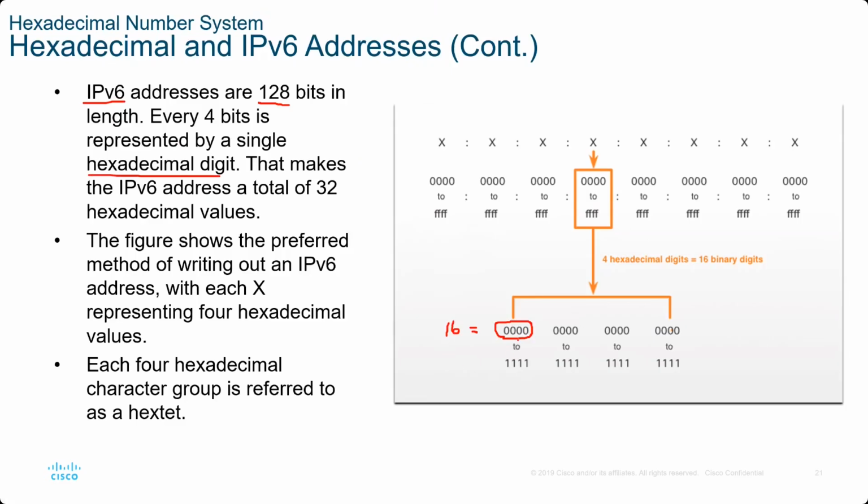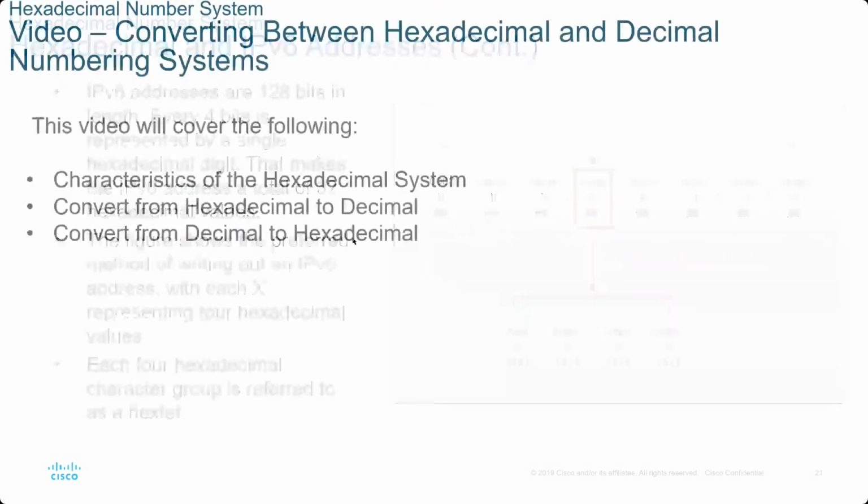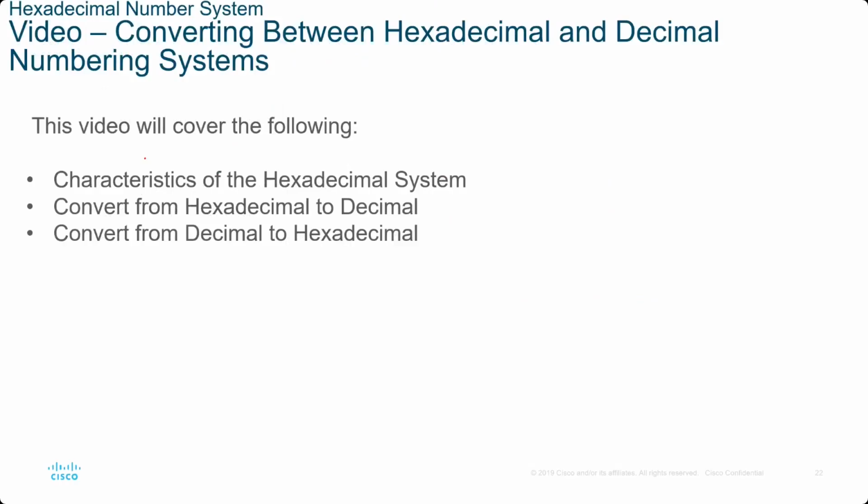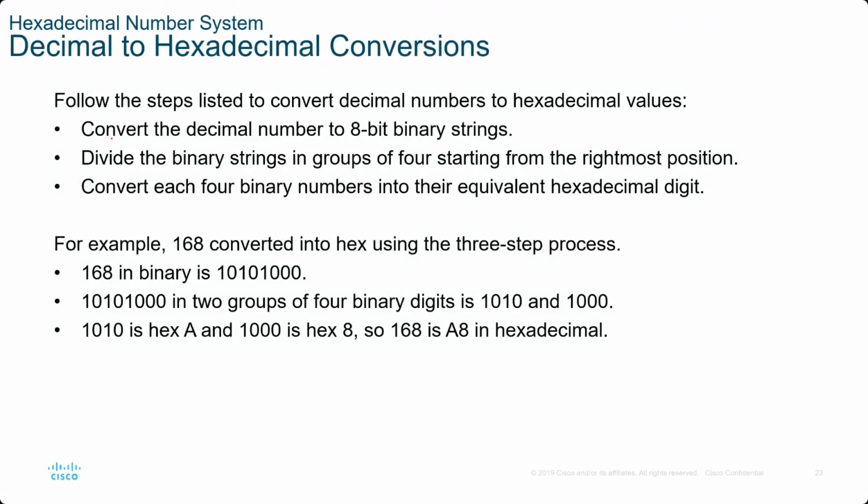So with 4 bits, you can represent one hexadecimal number. That makes an IPv6 address a total of 32 hexadecimal digits. So you have 4 hexadecimals here, 4 hexadecimals here, 4, 4 here, and each hexadecimal is again denoted by a 4-bit number. Okay. There's a video again on Netacad in your account that explains these things again. You should go and watch that.